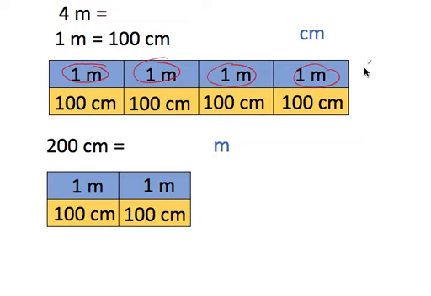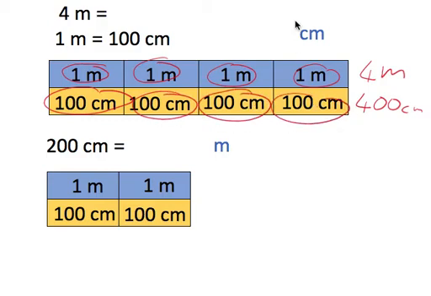So 4 meters is 1, 2, 3, 400 centimeters. We're just adding up these totals together, and we can write 400 centimeters. If you go back to the screen before, you would see that matches up, and that is correct.